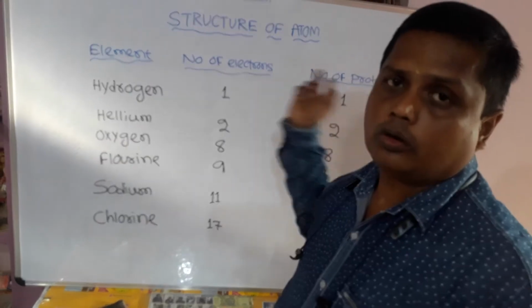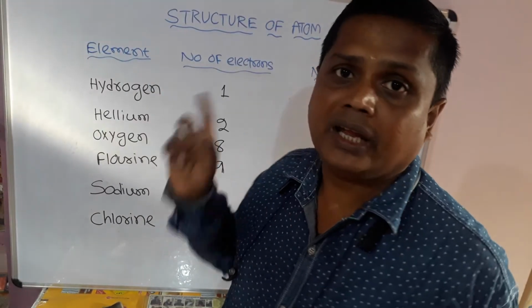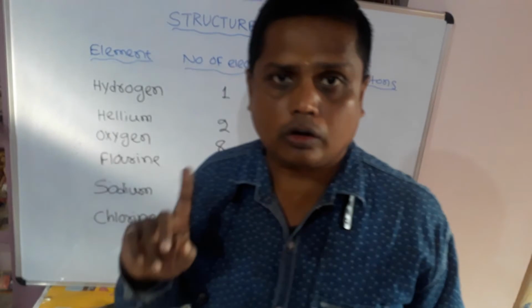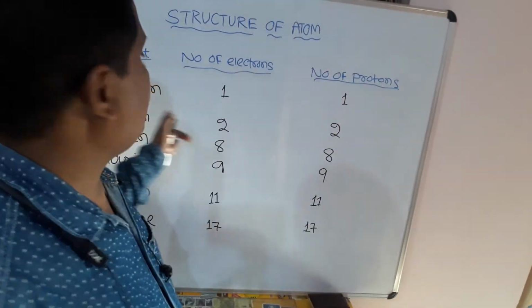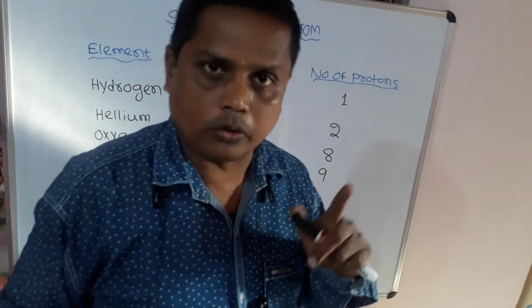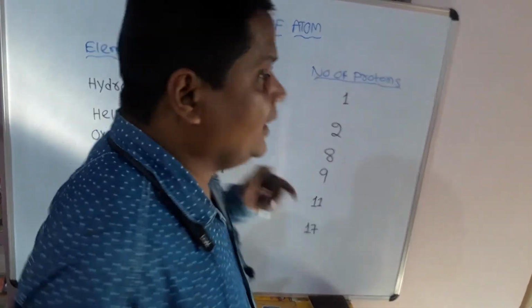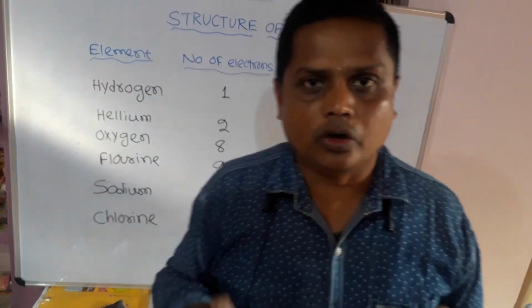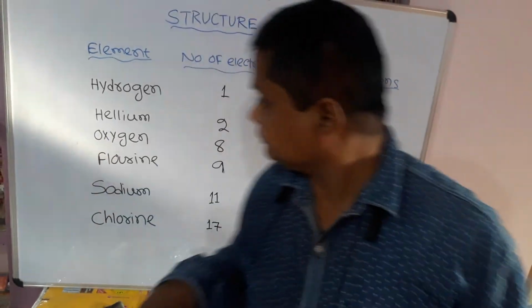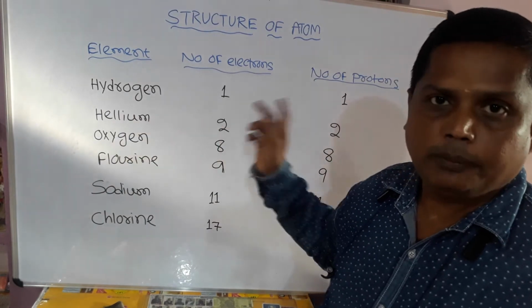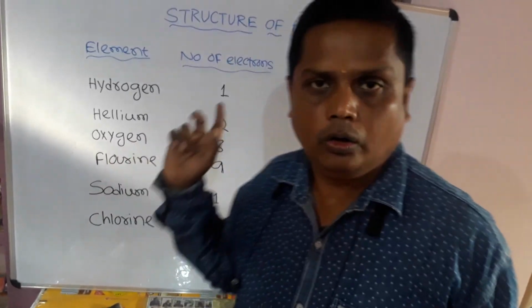Elements, number of electrons, number of protons. First, hydrogen: number of electrons 1, number of protons 1. Then helium, number of protons 2, number of electrons 2.